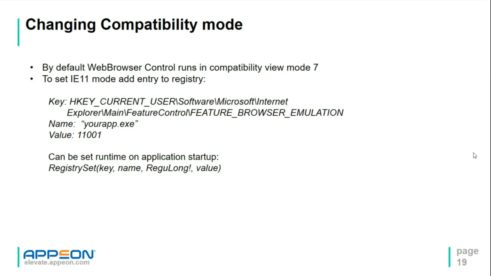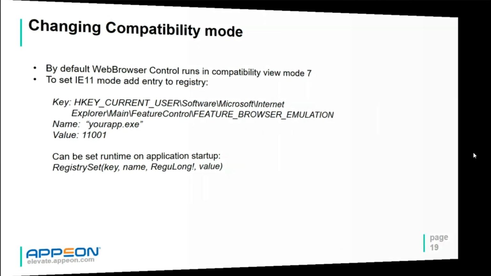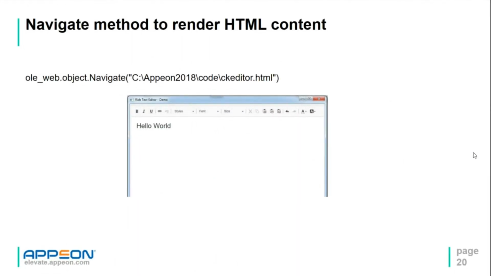So you put the application name and the value into the registry, and that can be done at application runtime. Once it's done, you navigate to the static HTML that we just wrote. And voila, here is the PowerBuilder application that has the web component.